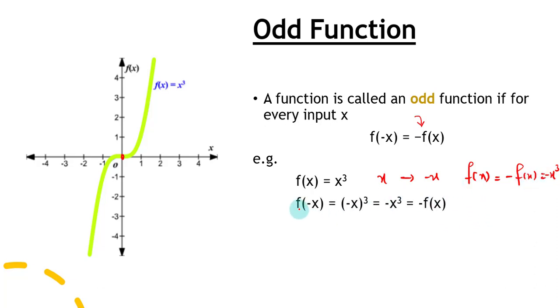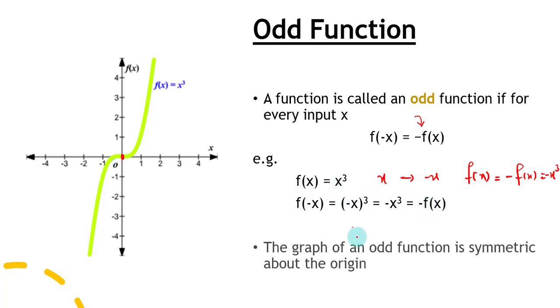You see that when we replace x by negative x, we got negative x cubed, so the negative of our function. That is why we say that x cubed is an odd function. Graphically speaking, it is symmetric about the origin. For an odd function, the rule of rotation by 180 degrees about the origin is that we have to replace (x, y) by (negative x, negative y).